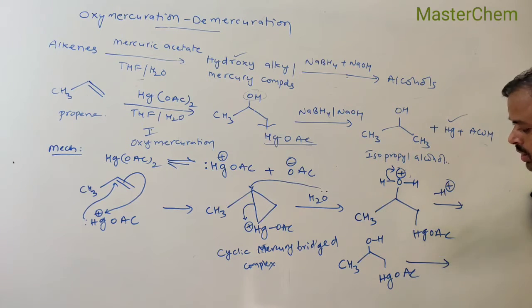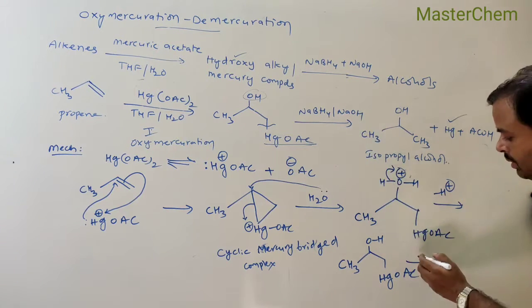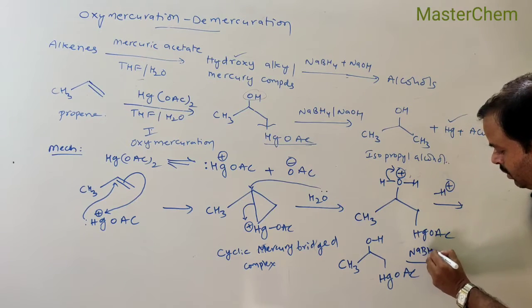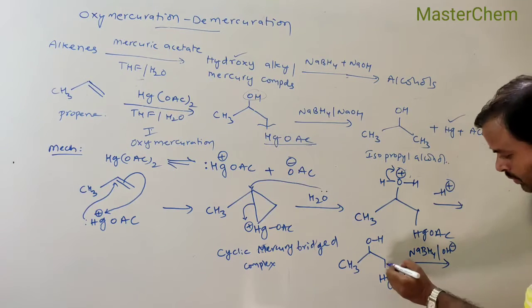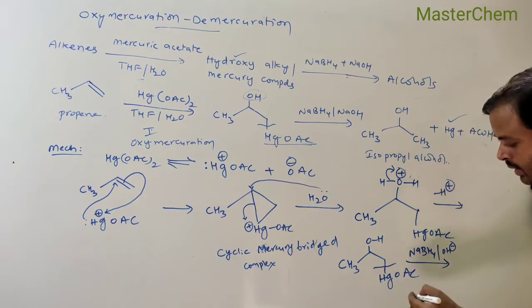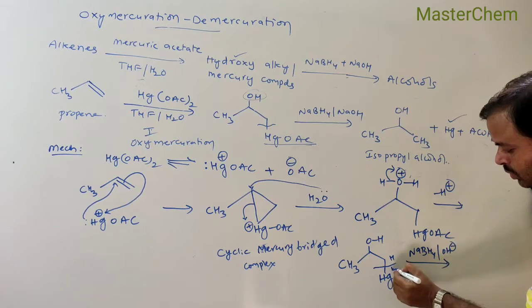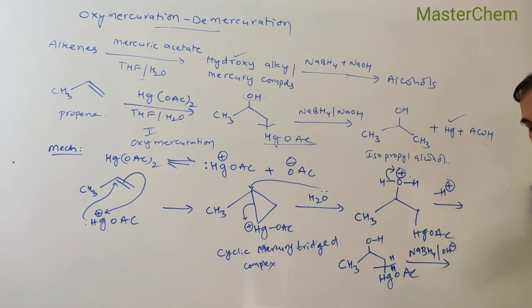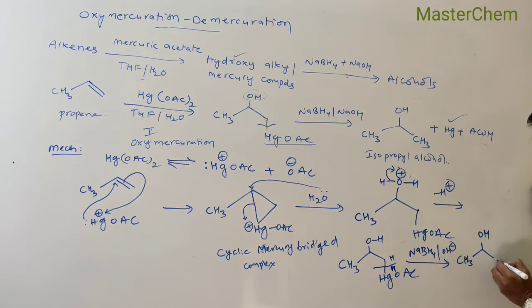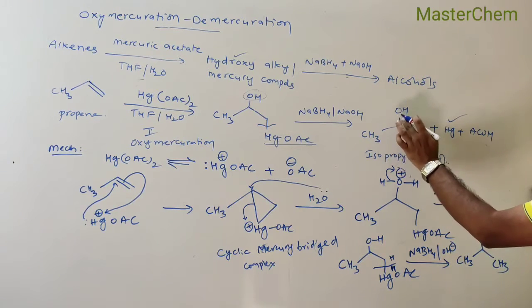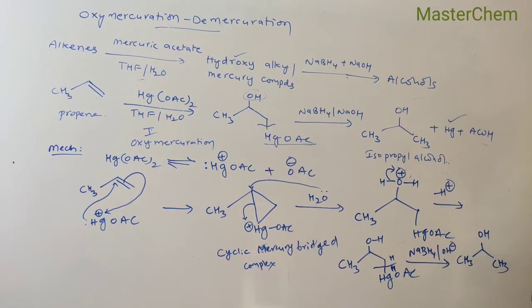After this oxymercuration step, what is the next step? NaBH4, OH minus. It is a reduction step. We know that NaBH4 is a reducing agent, so it can provide hydrogen. It converts to CH3 CHOH, and with the hydrogen it becomes CH3 CHOH CH3, isopropyl alcohol.